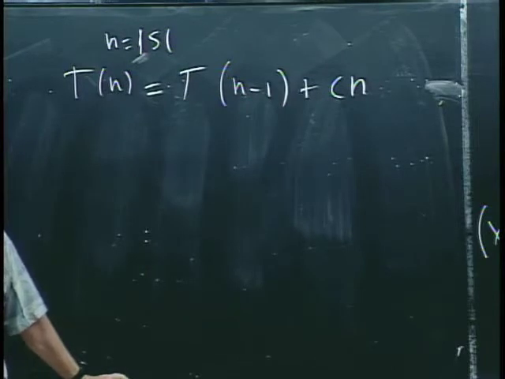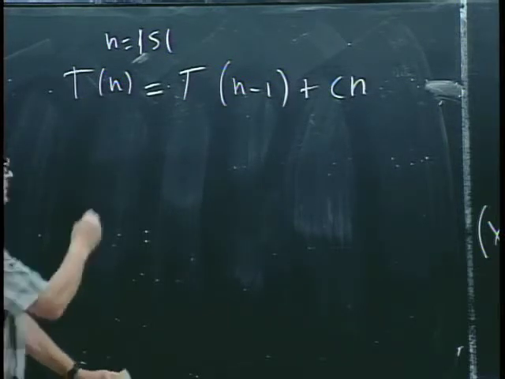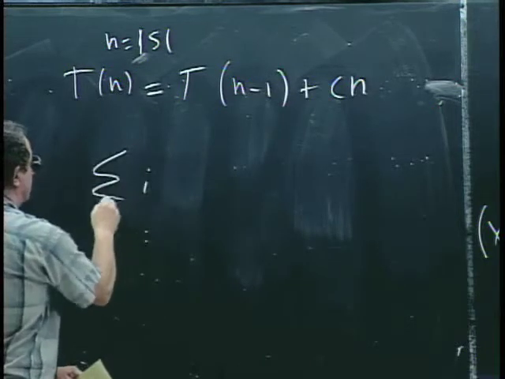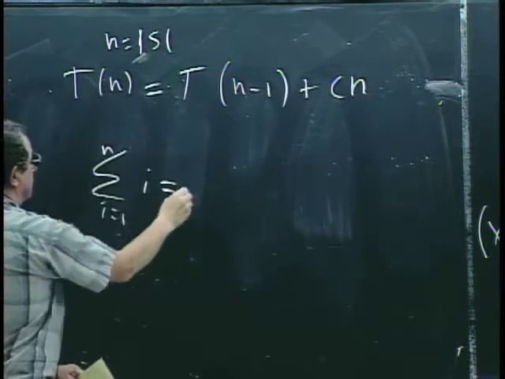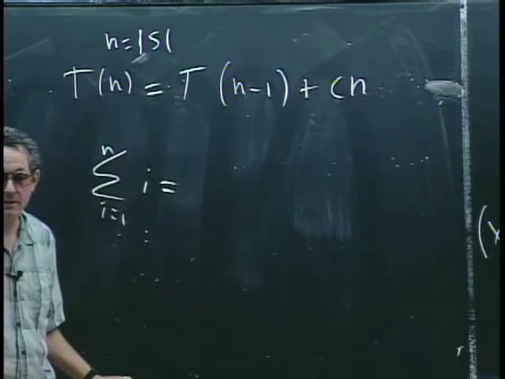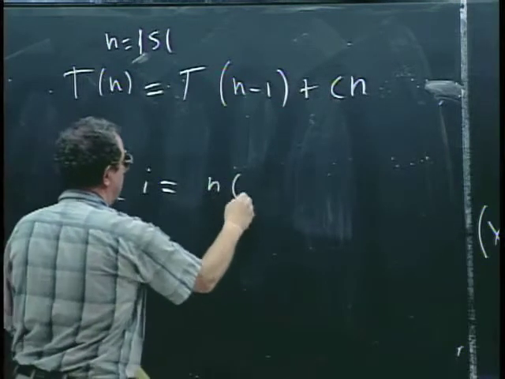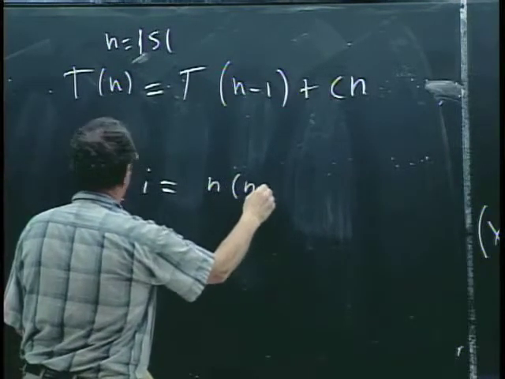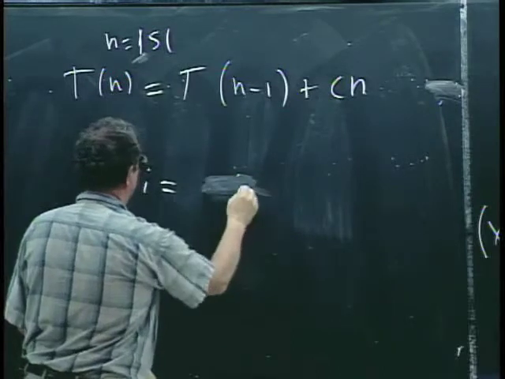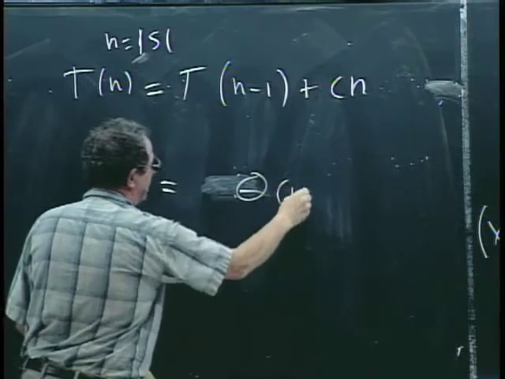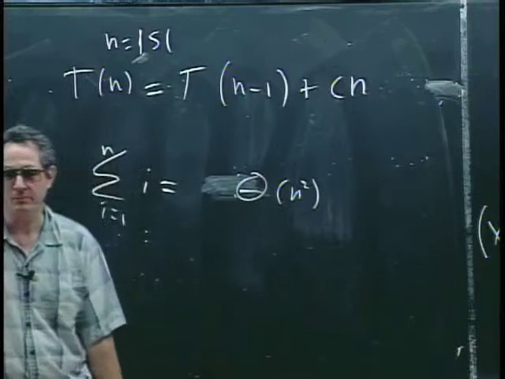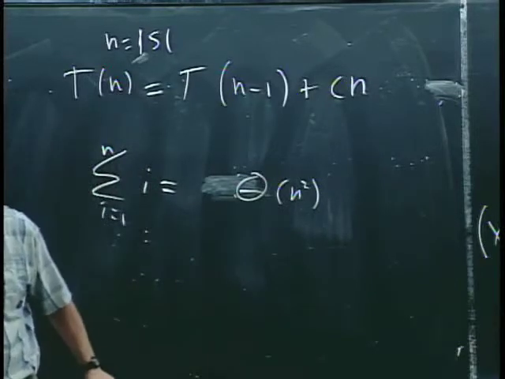Add those up and you get what? 1 plus 2 plus 3 up to n is equal to something like theta n squared, right? N times n plus 1 divided by 2.